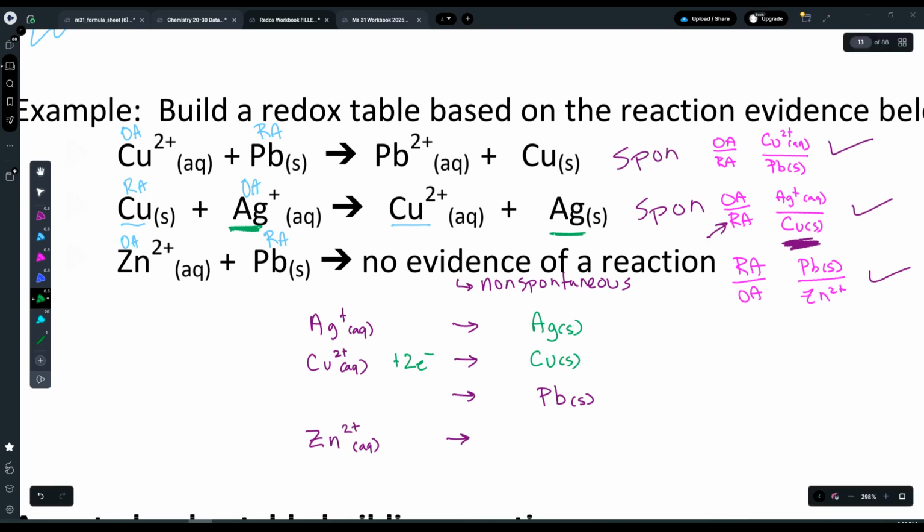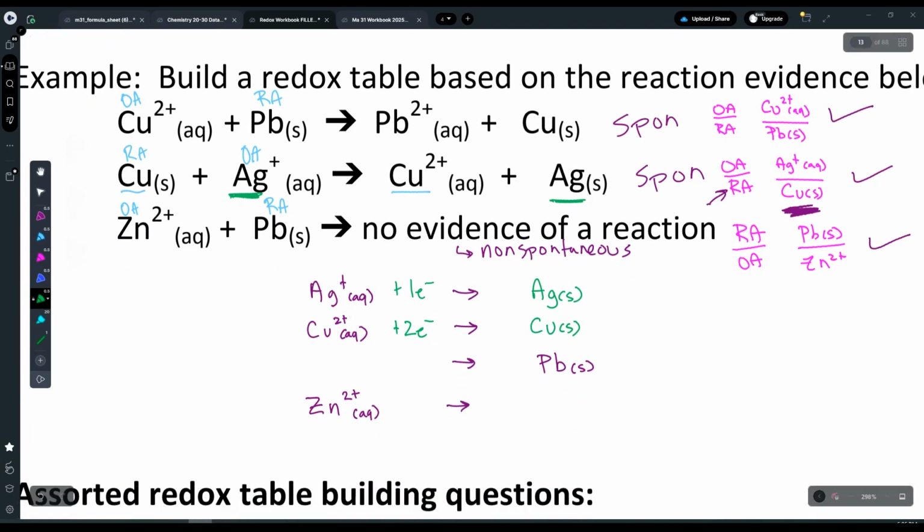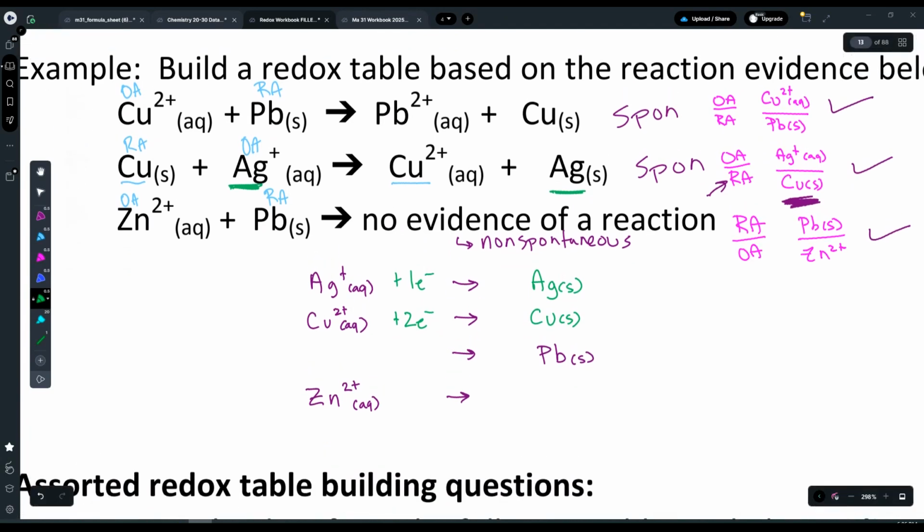We have 1 silver on both sides, so silvers are already balanced. Going from a 1+ charge to a neutral charge, I have to gain 1 electron. With lead, we have lead 2+ here, so I'm going to use that. Going from a 2+ charge to a neutral charge, I have to gain 2 electrons.